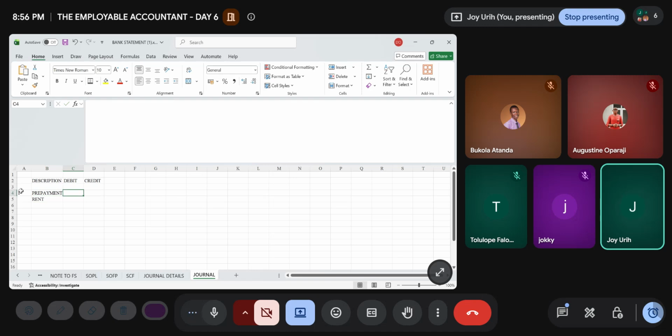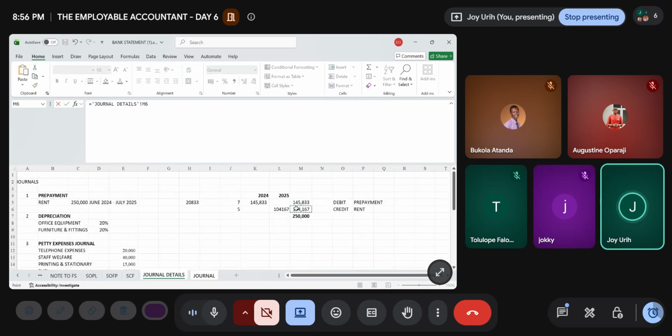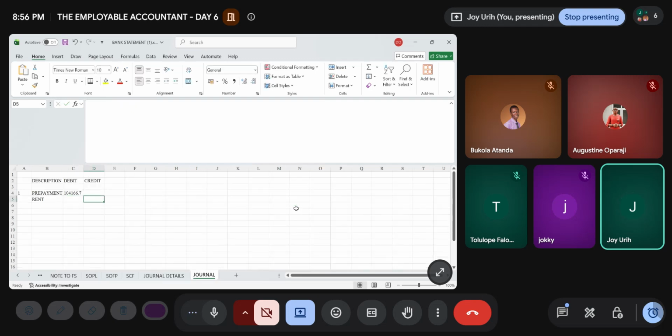So remember, we are using that 104. We want to reduce rent and recognize prepayment of 104. So then we'll credit. You can just pick the figure because, mind you, your total debit must be equal to your total credit. So both figures must be the same if it's just two accounts that are involved. If it's more than two accounts, then the figures don't necessarily need to be the same.